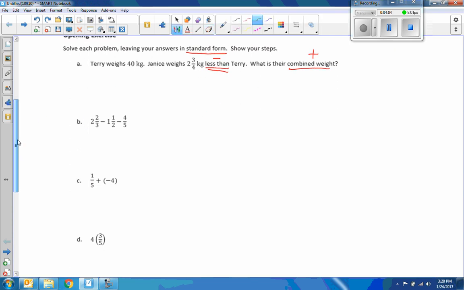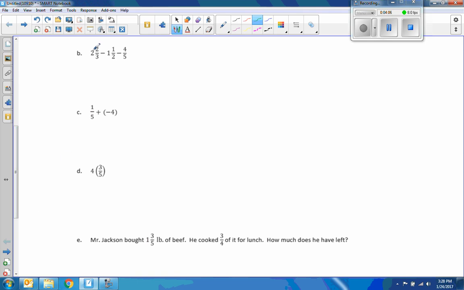Okay, B. B says 2 2/3 minus 1 1/2 minus 4/5. I have mixed fractions and a fraction where the numerator is less than the denominator. That's fine. Let's get rid of these mixed numbers and make them improper.